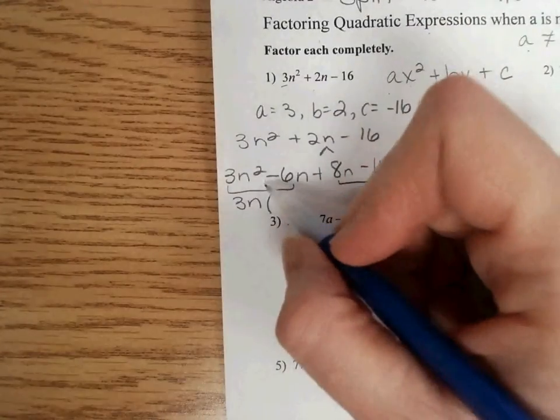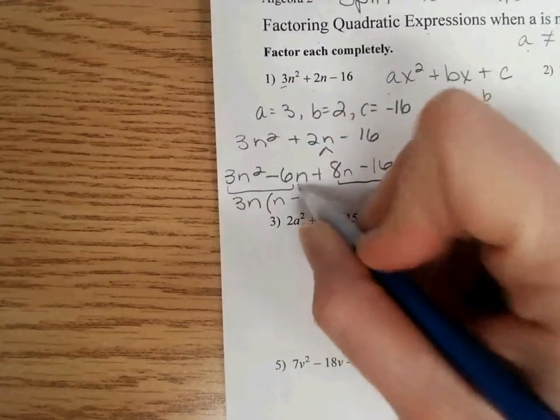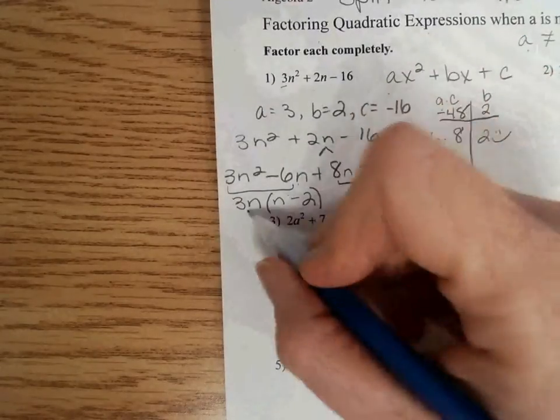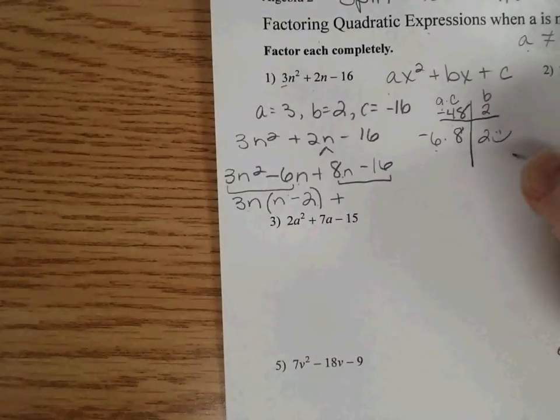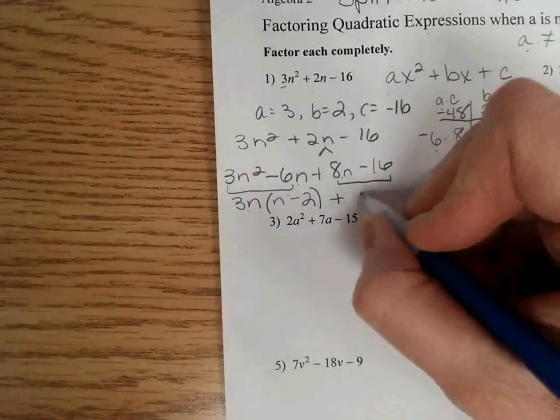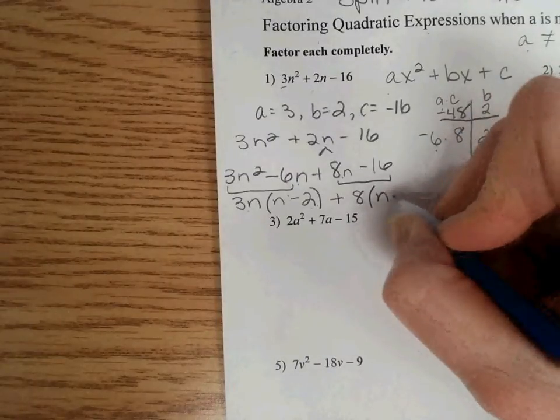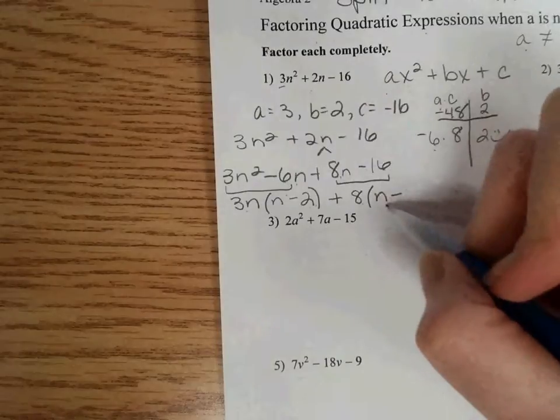So we have left 3n squared divided by 3n is n, 6n divided by 2n is 2, 6n divided by 3n is 2. And factoring out the GCF of 8n and 16, that would be 8. So then that leaves us with n minus, again, dividing. 8n divided by 8 is n.